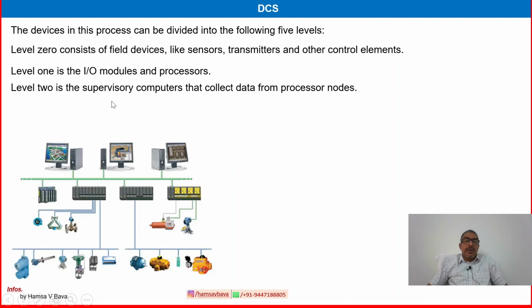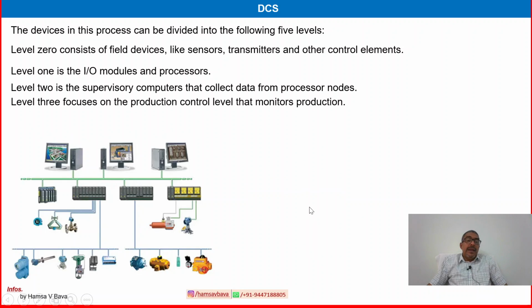Level 2 is the supervisory computers that collect data from processor nodes, that is also part of here, LER. Level 3 focuses on the production control level, monitor production here. And level 4 includes production scheduling, part of the CCR, and pre-programmed planning and scheduling operation.